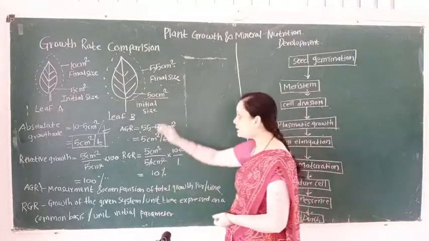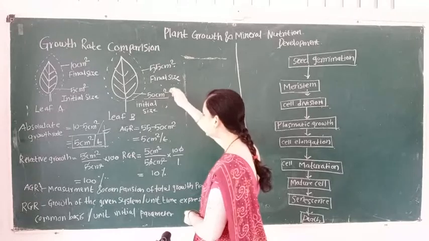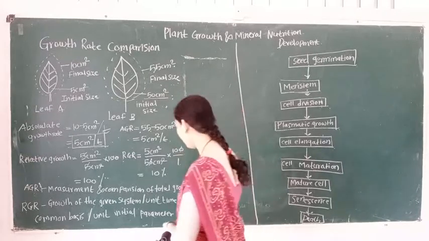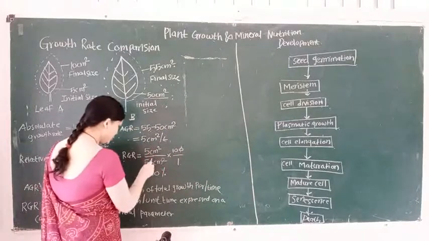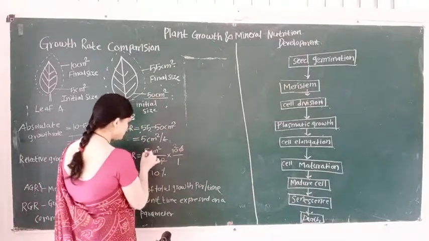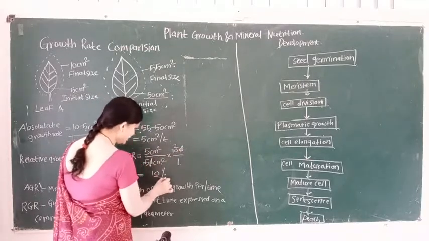And what is the initial size? The initial size is 50 centimeter square. Multiply by 100. So here the 0 cancels; 5 is 5, 5 is 10. So 5 multiplied by 2 is equal to 10.